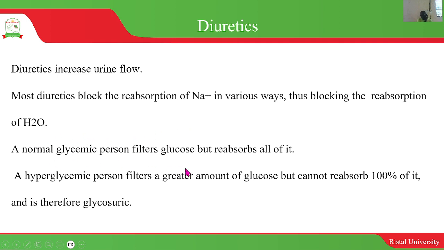A normal glycemic person filters glucose but reabsorbs all of it, as I mentioned earlier. But in a hyperglycemic person, in the case of our diabetic patient, they filter a greater amount of glucose but cannot reabsorb 100% of it. So as a result, they are said to be glycosuric, and that's why the urine of a diabetic patient contains significant amounts of glucose.